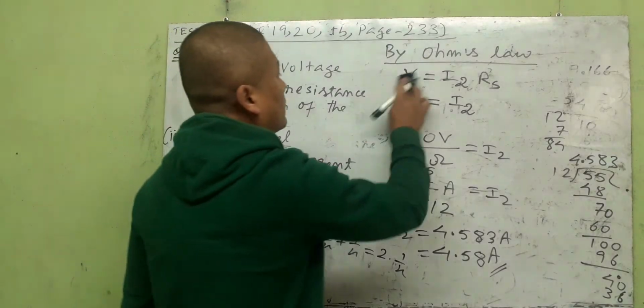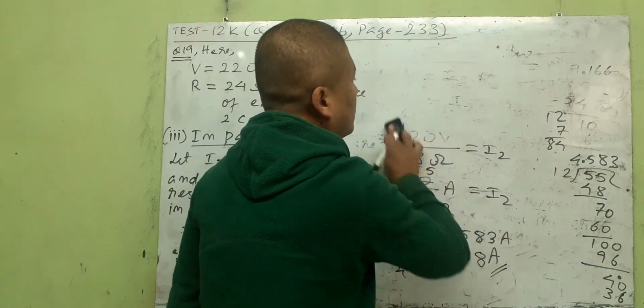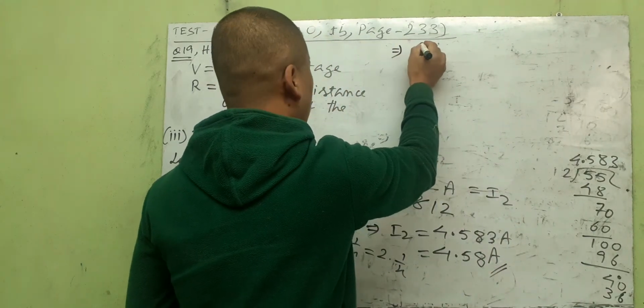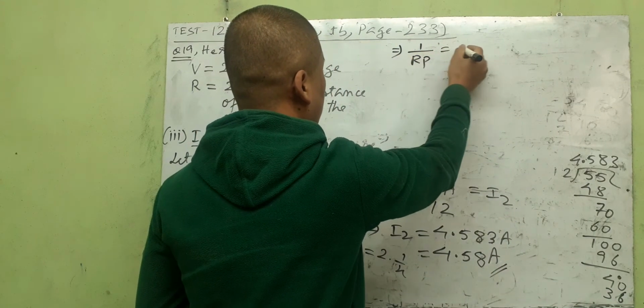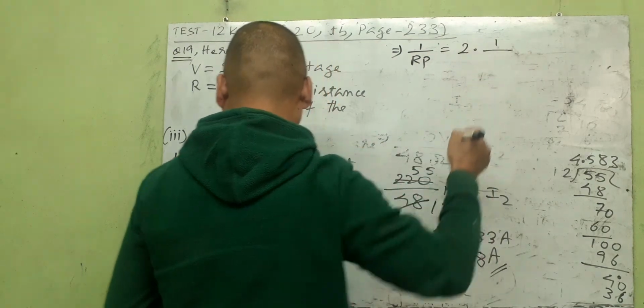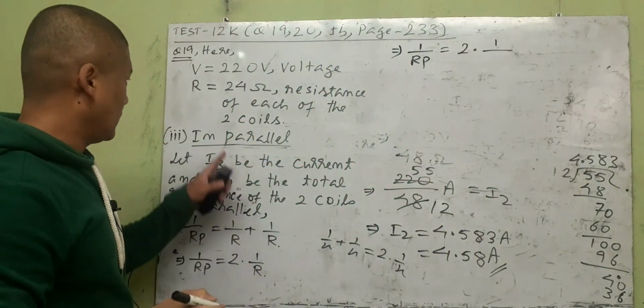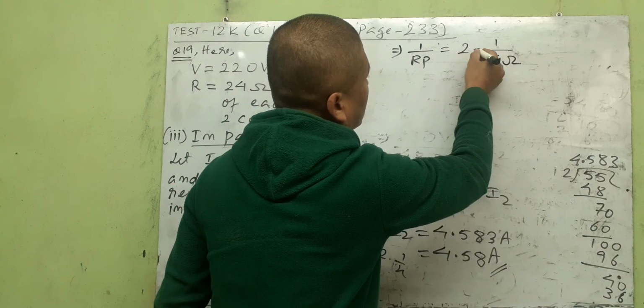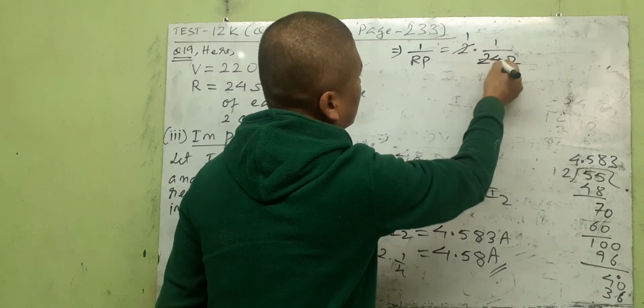Then we can proceed, so that implies 1 by RP is equal to 2 into 1 by R, means here value is 24 ohms. 24 ohms, so this dot means into, so 2 ones are 2, 2 into 12, 24.